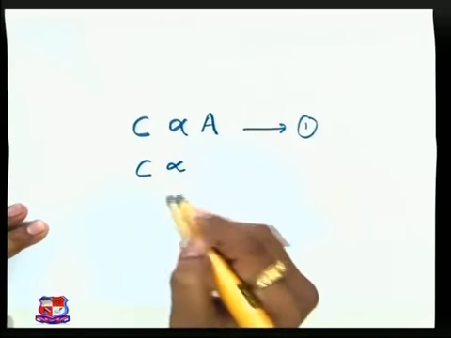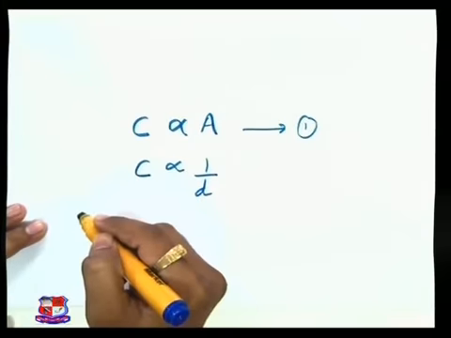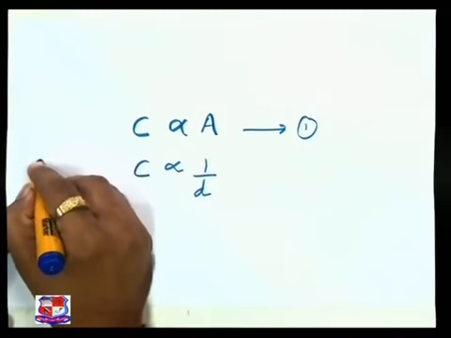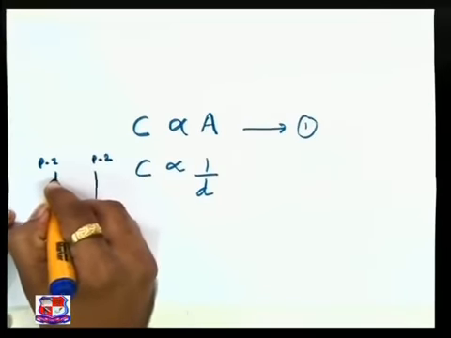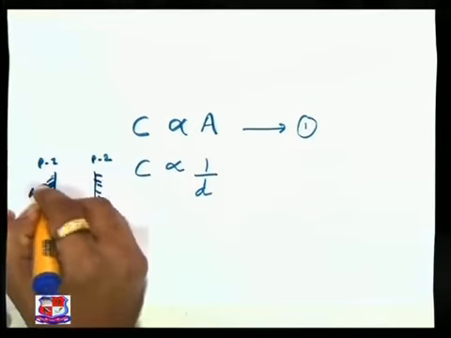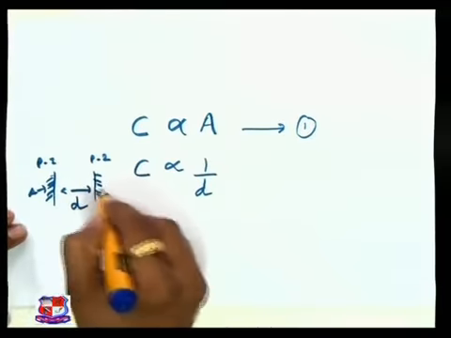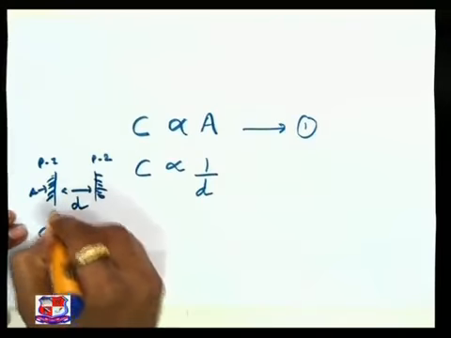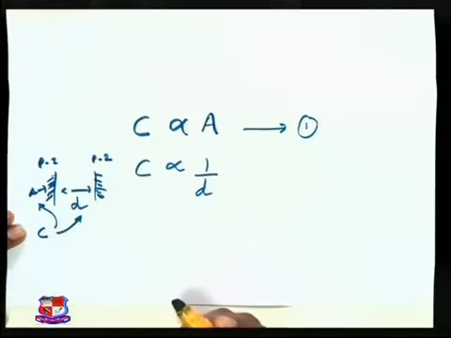Another important parameter of the capacitance is the distance d between the two conducting plates. This is our plate 1, this is our plate 2, this is the area covered by the plates and this is the distance. The capacitance is directly proportional to the area and inversely proportional to the distance.